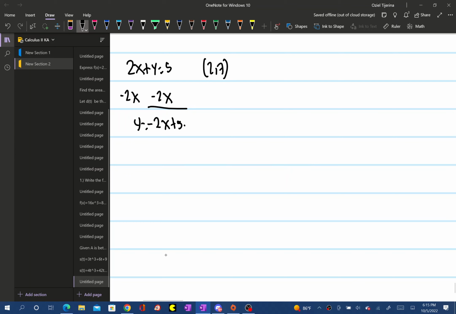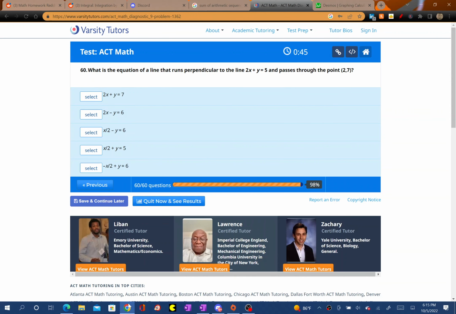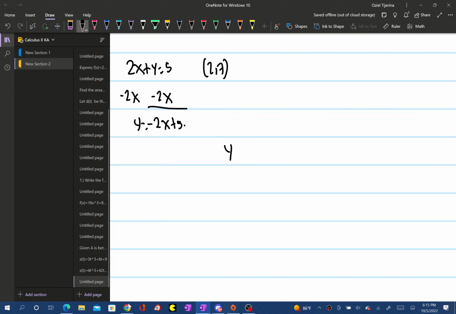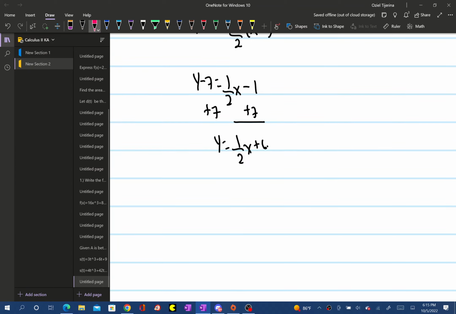we can say y minus 7 equals 1/2 times x minus 2. Y minus 7 equals 1/2 x minus 1. And then add 7. Y equals 1/2 x plus 6. Now we're gonna multiply this whole thing by 2.